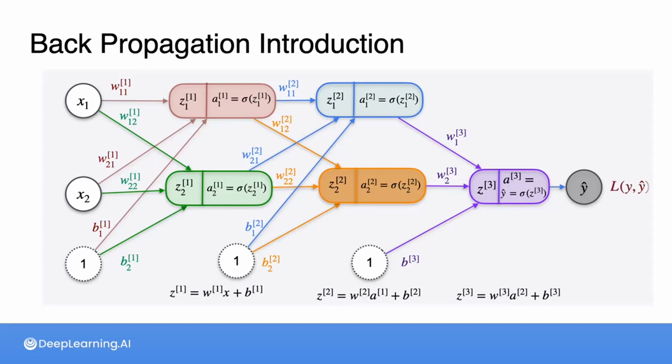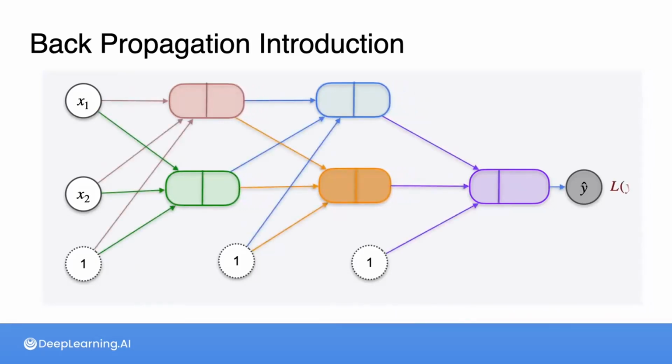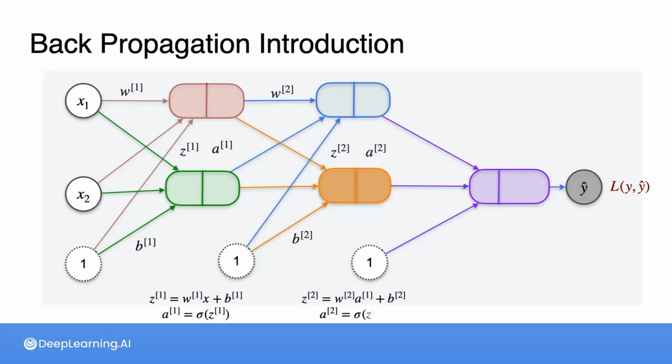And as usual, L of y hat is the log loss function given by this formula, and that's the one we want to minimize. So now for the purpose of this network, let's clean up the neural network a bit, and let's actually only worry about a few of the weights. And by symmetry, everything's going to be worked out the same for the other weights.